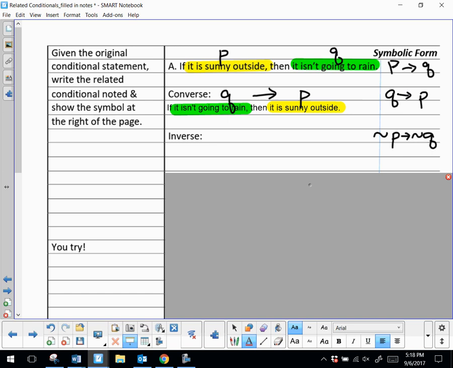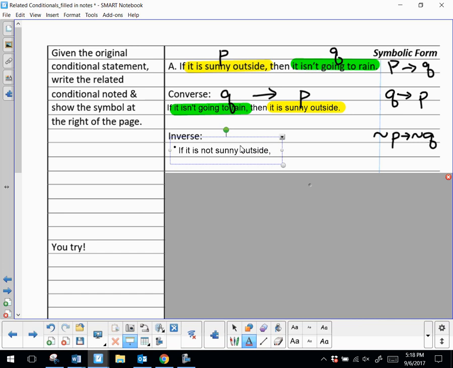So again, I'm going to go with text here, and let's try to figure out what direction to take. If I'm going to do the opposite of P, and P was originally it is sunny outside, the opposite will be it is not sunny outside.